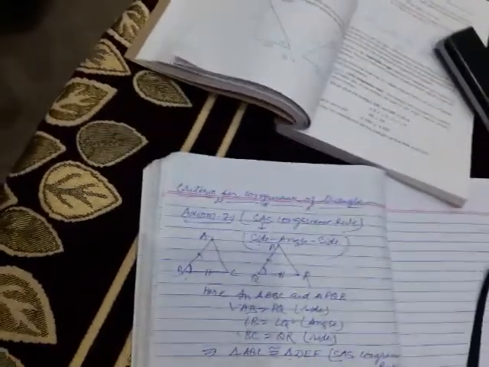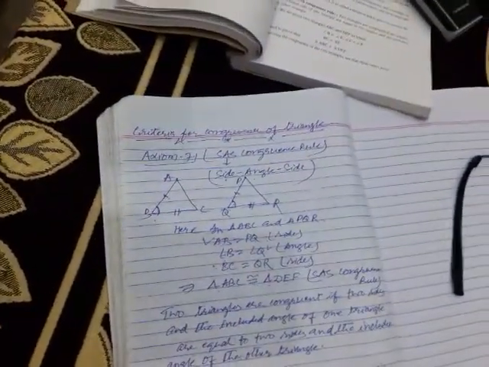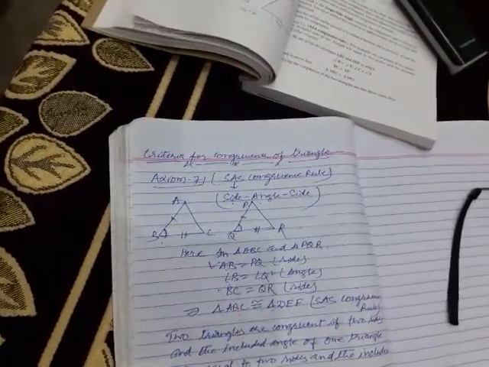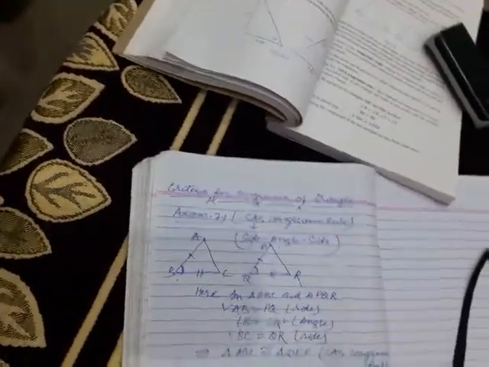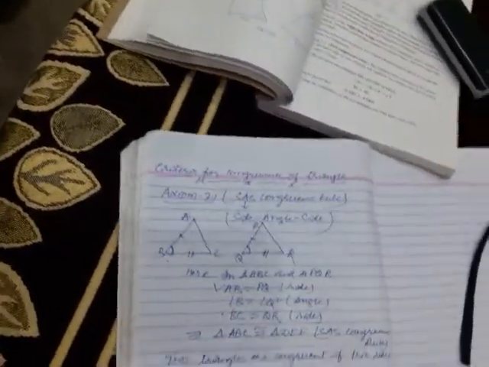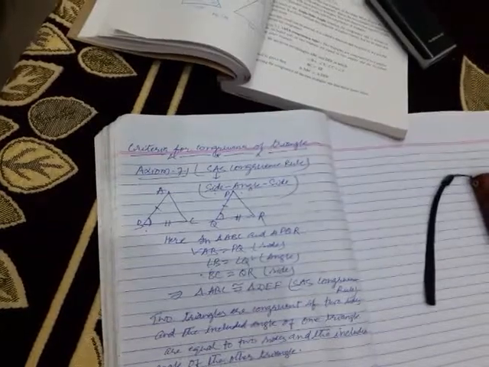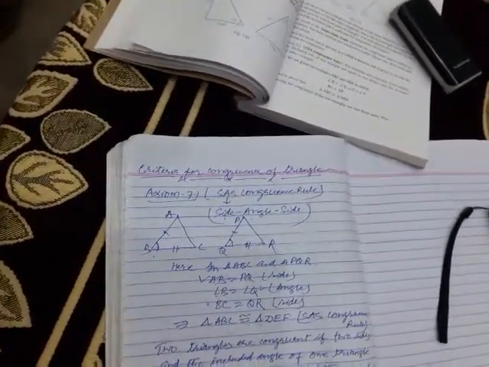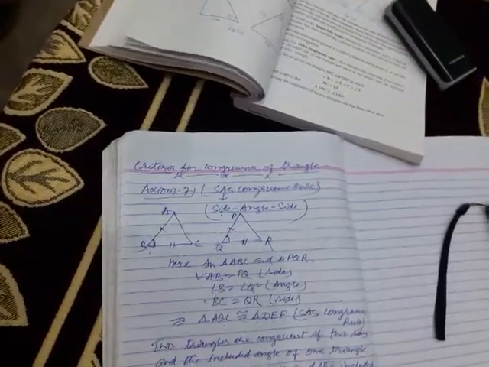Next is theorem 7.1. Theorem 7.1 says that two triangles are congruent if two angles and the included side are equal, that is ASA congruence.